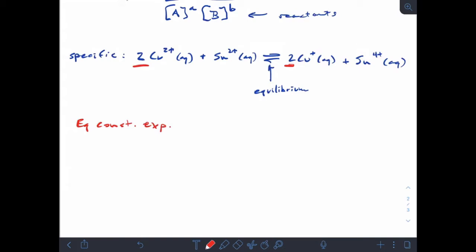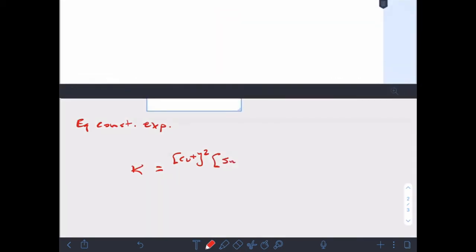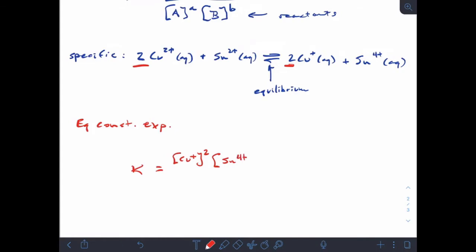I'm going to say K equals products over reactants. So I'll have my copper plus squared, because it has a stoichiometric coefficient of 2, times my tin 4 plus, and it has a stoichiometric coefficient of 1, right? So it goes to the first power.